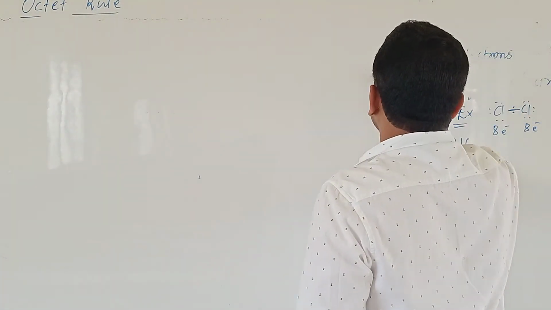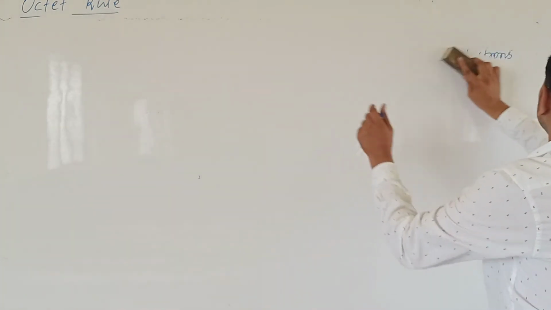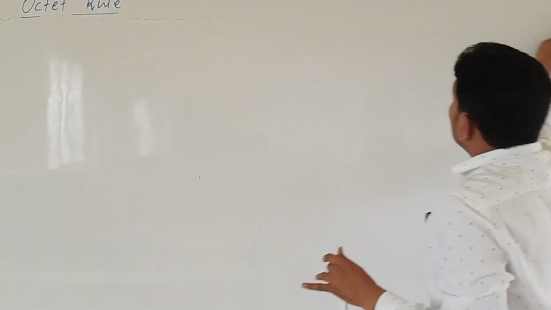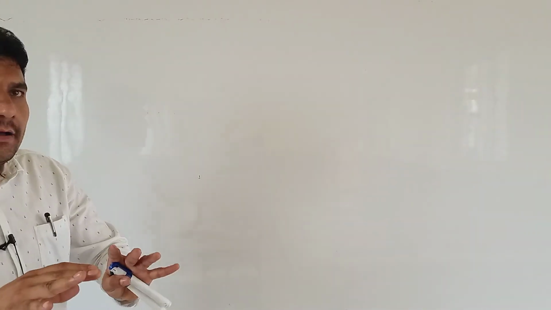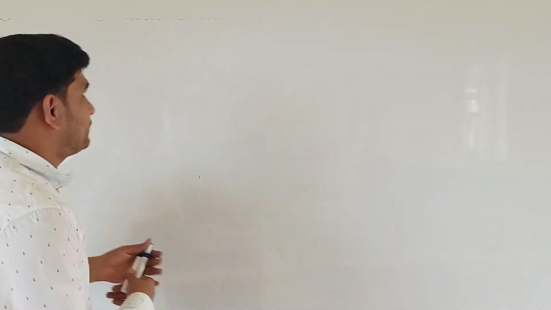In the previous class, in the previous video, we discussed Kossel's concept of the electrovalent bond. Kossel's explanation is more oriented towards the ionic bond, whereas Lewis's explanation is more oriented towards covalent concepts.